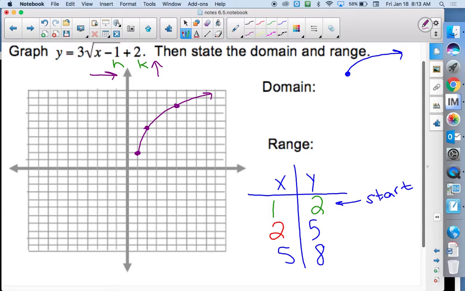So Will, what do you think for the domain? X and then to infinity. And what is the x value? 1, yeah. So it starts at the x value of 1 to infinity. Will, what's the y value that it starts at? 2.